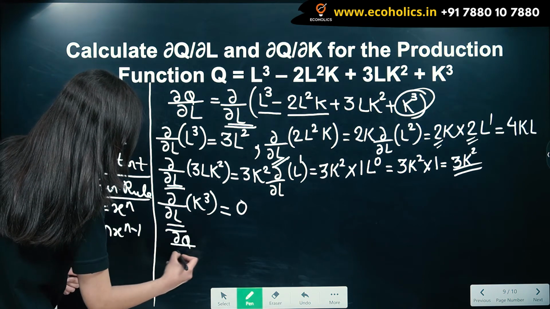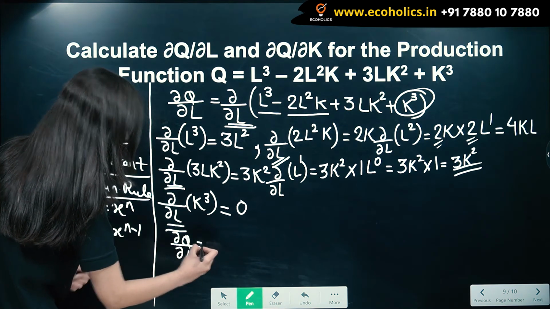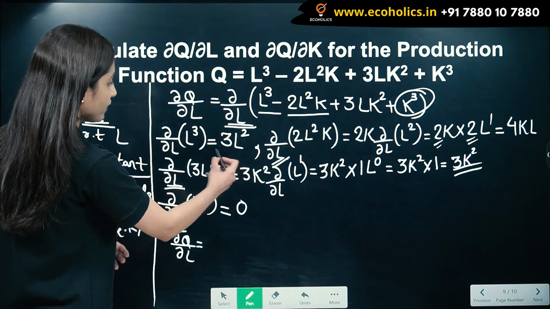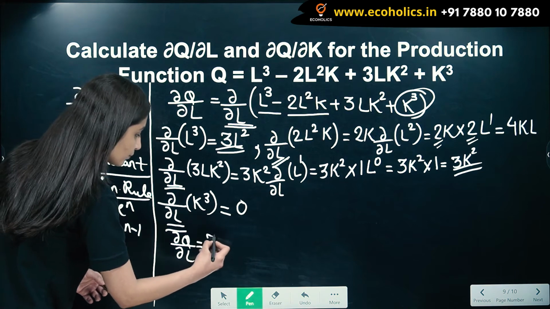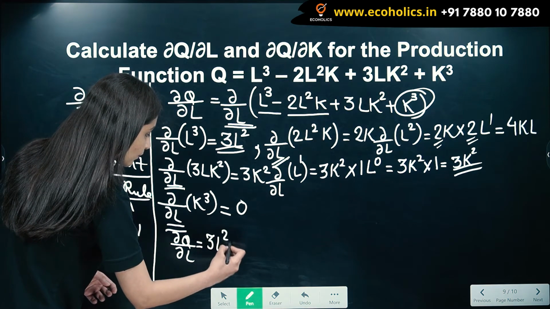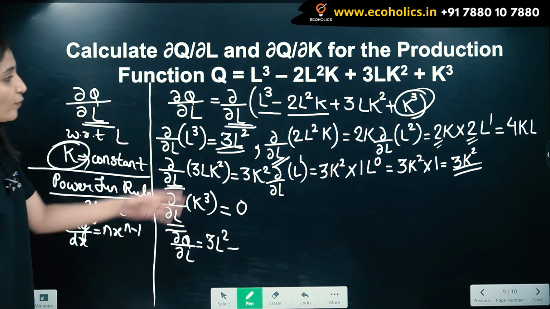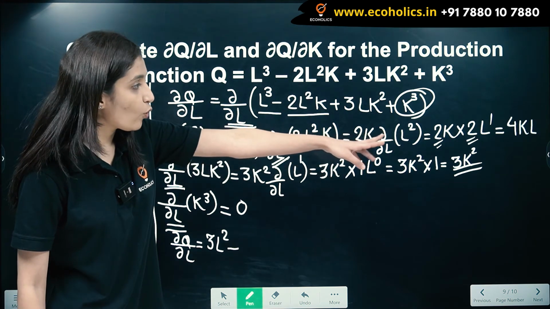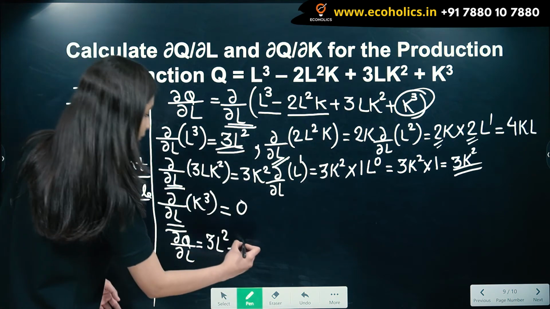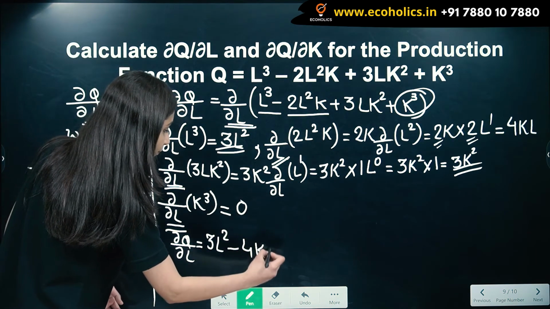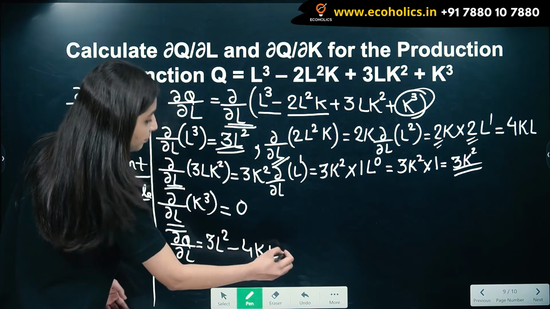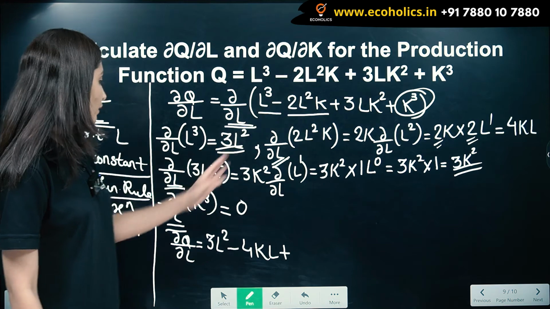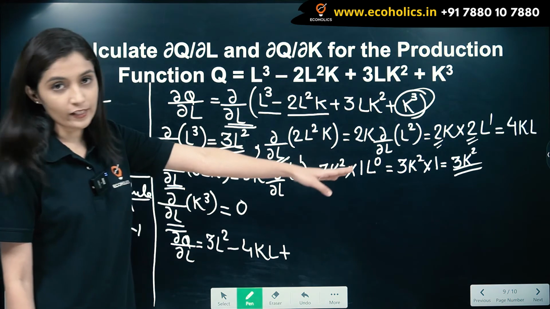∂Q/∂L is equal to, now the derivative for L cube is 3L square, minus derivative for this term 2L square k, what we get is 4kL, plus derivative for 3Lk square, what we get is 3k square.